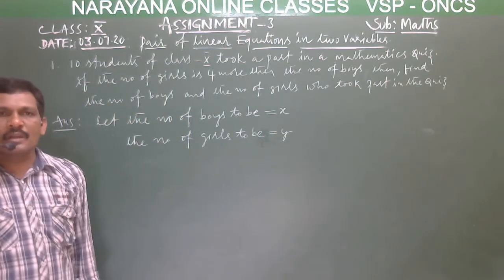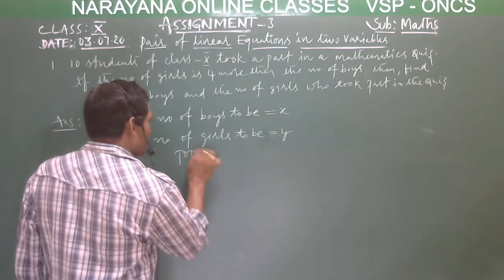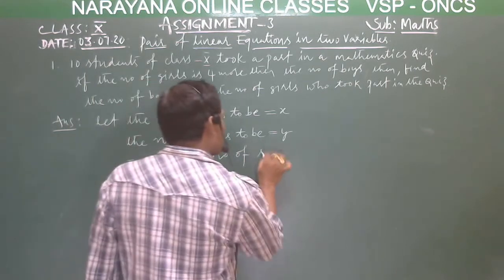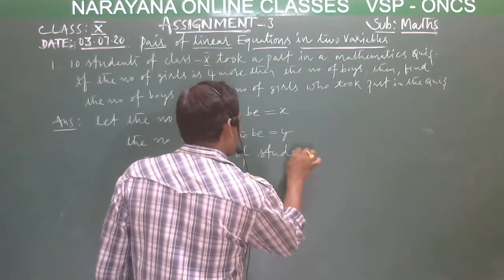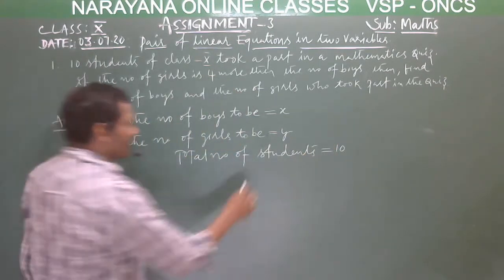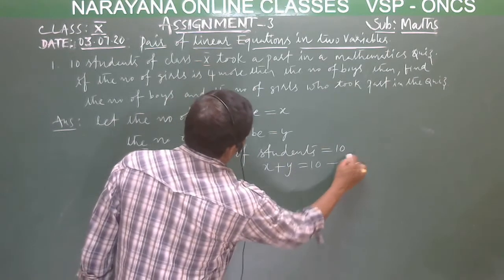Given the total number of students is equal to 10. Now x plus y equals 10, equation number 1.